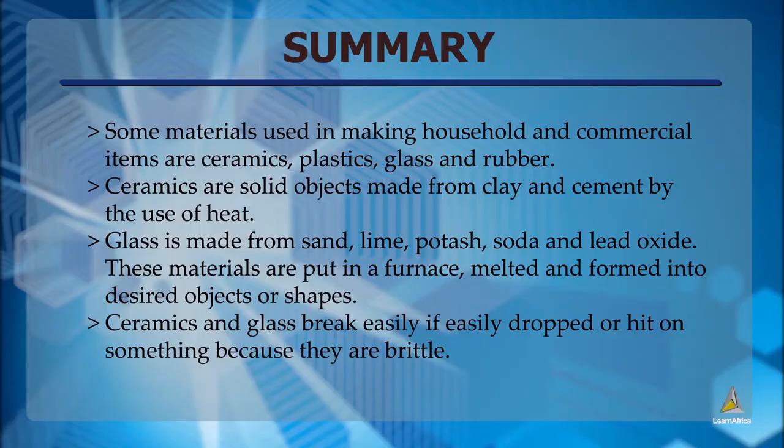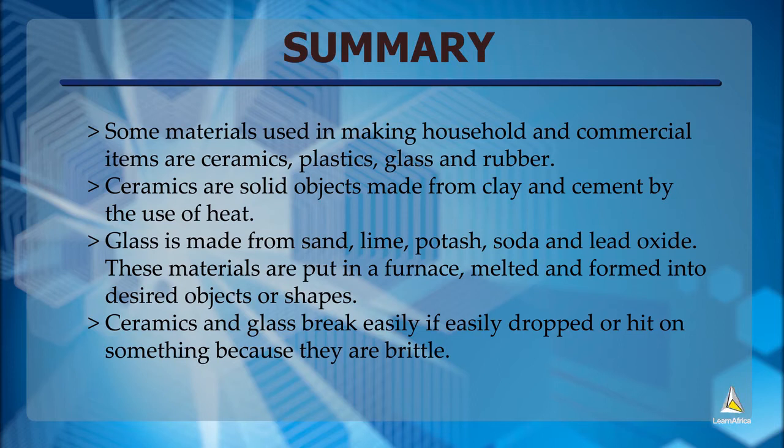We've come to the end of this lesson. But before we go, let's take a quick summary of some key information we got during the lesson. We learned that some materials used in making household and commercial items are ceramics, plastics, glass, and rubber.